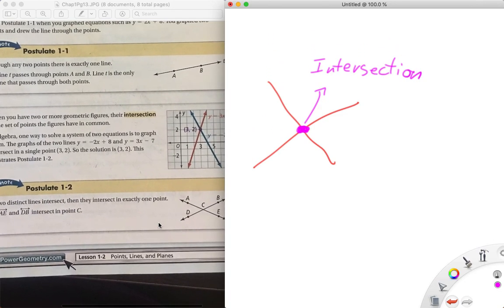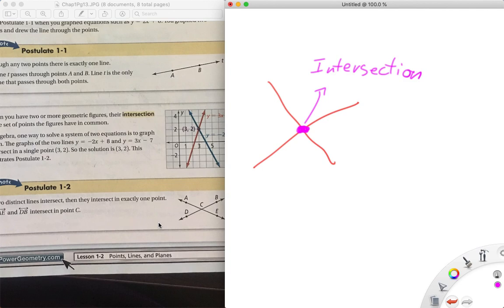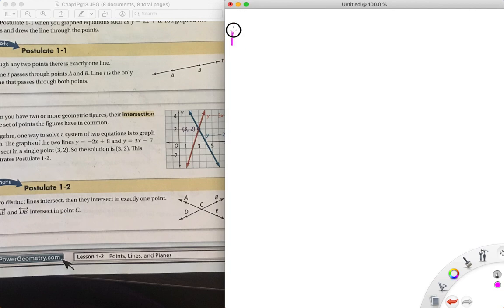And then that leads us to postulate 1-2. And postulate 1-2 says that when two lines intersect, here's a line, here's a line. We have 2 lines.